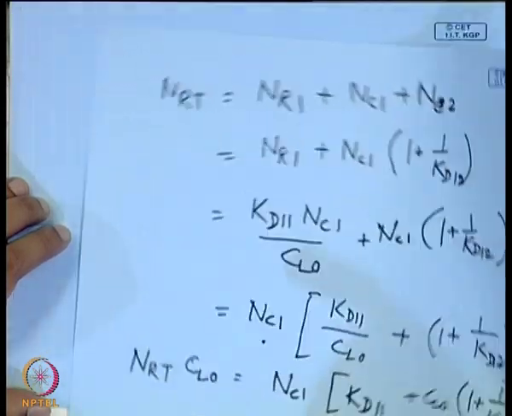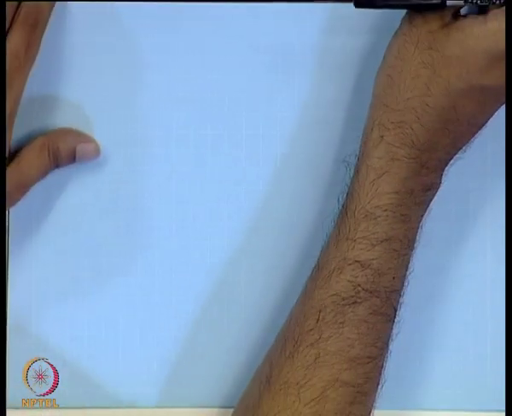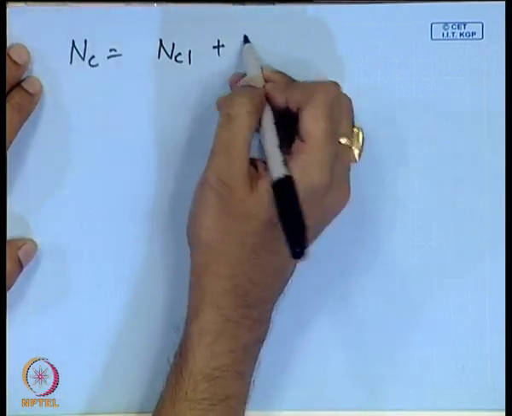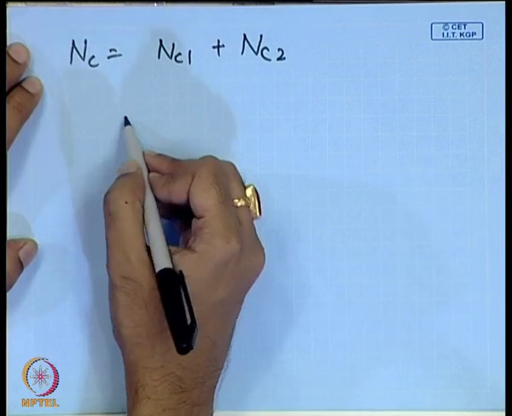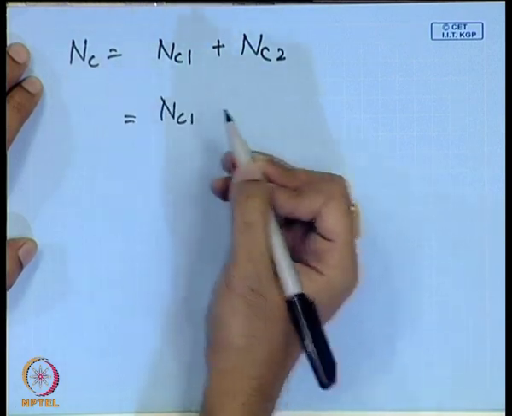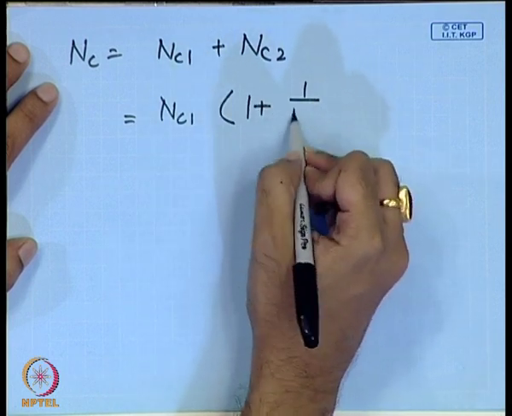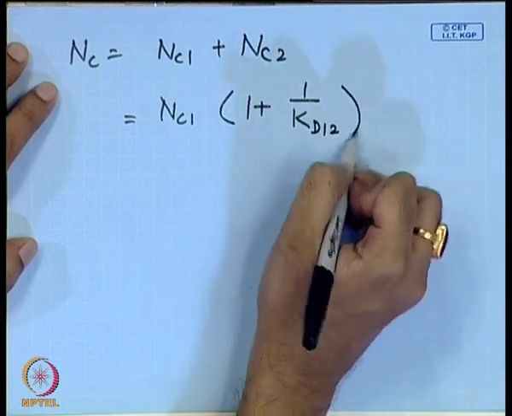So, NC equals NC1 plus NC2, which I have written previously, if you remember, as NC1 over 1 over KD12.